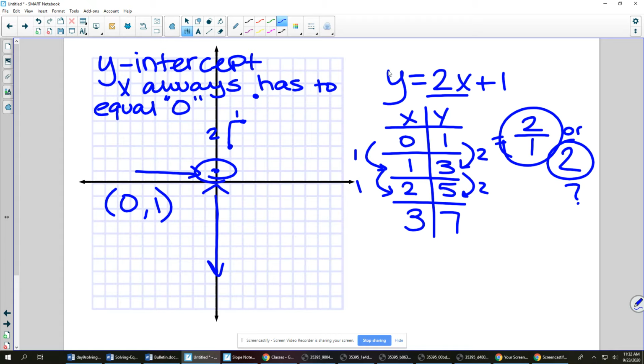So that equals 0. And I'm kind of hoping that you're going to notice that this right here, this 1, is also somewhere else. And I'm really hoping that you're going to look back up here at that equation and notice that it's right here in the equation as well. So everything that I'm going to ask you to do and get now, like the slope and the y-intercept, are going to come from our equation.